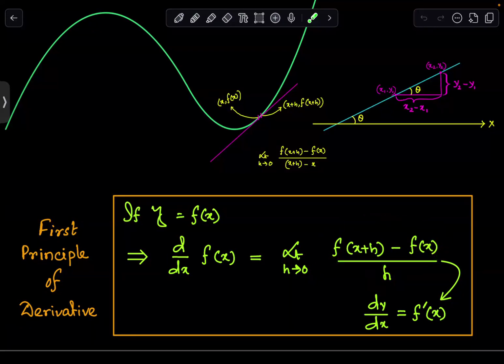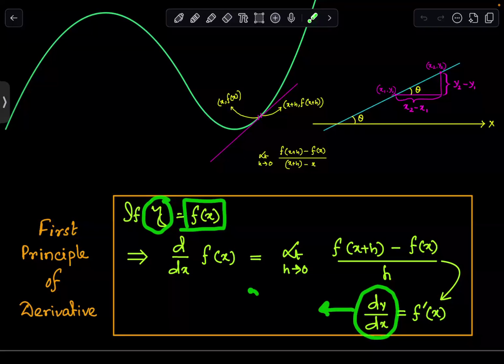We also mark this expression as f dash of x, and if y equals f of x, then we can also mark it as dy by dx, which is the same as the d by dx operator operating on y.